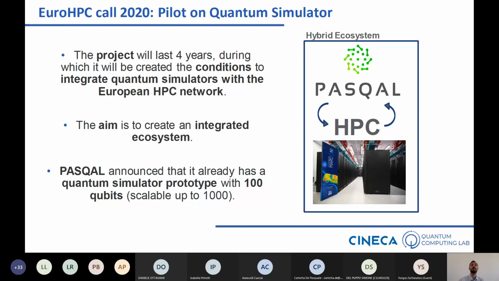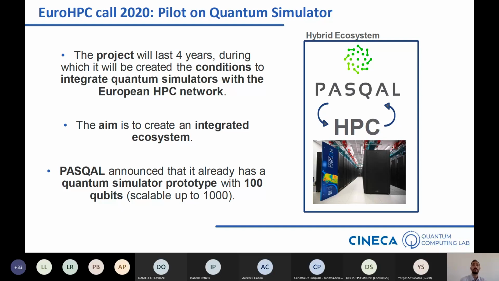Pascal has a quantum computer prototype able to perform analog computation, which is why we call it a quantum simulator, with 100 qubits, and they plan to scale it up to 1,000 qubits in a few years. A couple of years, probably.